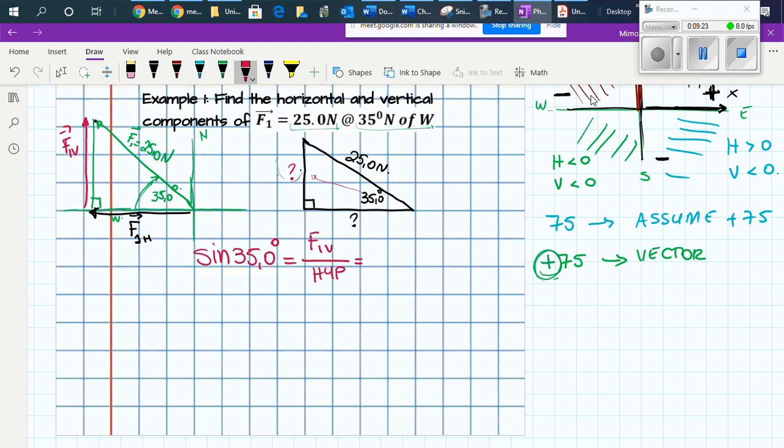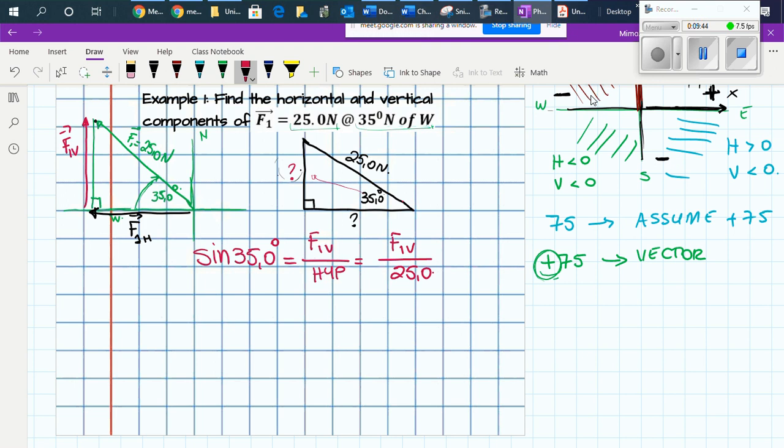And the hypotenuse is 25 because it represents the length of the line segment of the vector, the magnitude of the vector. So this will be the vertical component of this vector over 25.